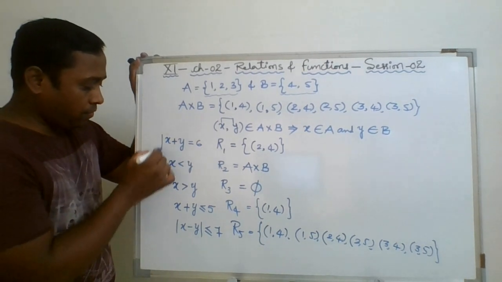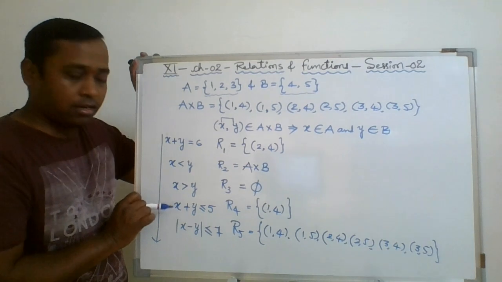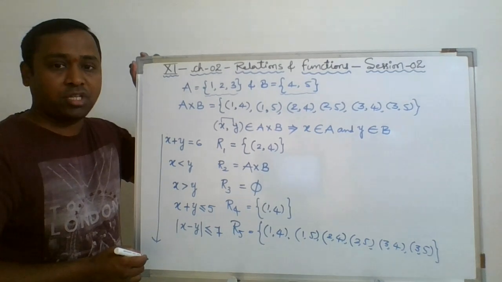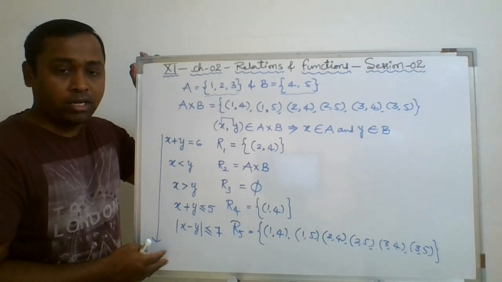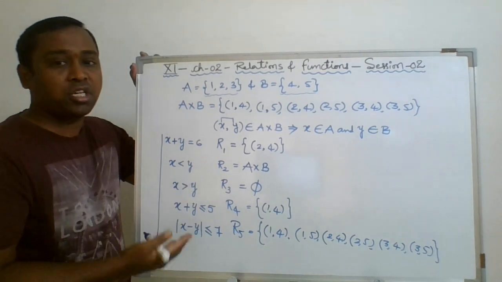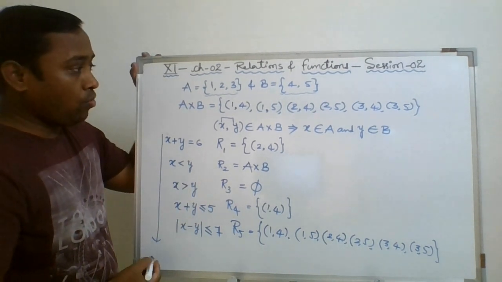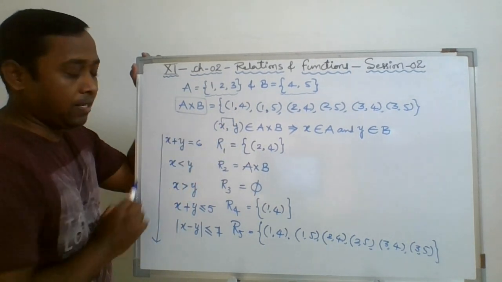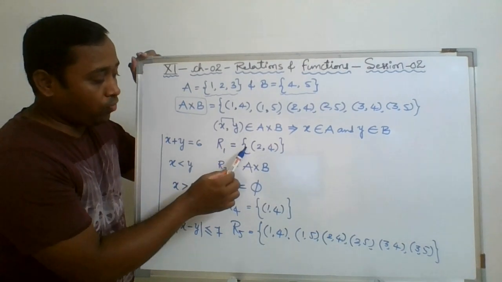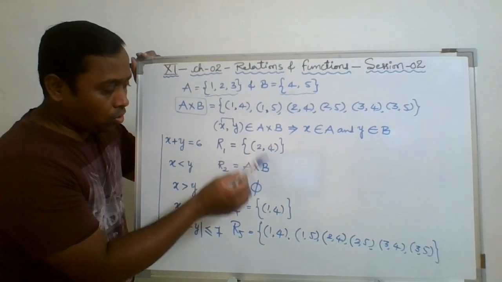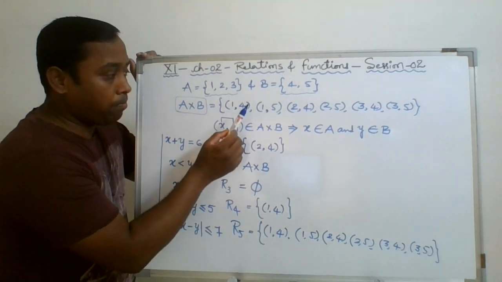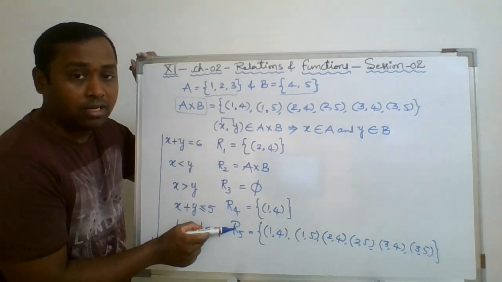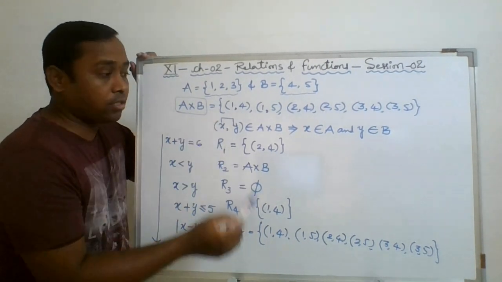So if you observe here, in this manner, how many relations can you make? Sir, you have listed this one. In this way, how many distinct relations can we make? It depends on the number of elements in A cross B. So if you observe, relations 1, 2, 3, 4 and 5, all these sets are parts of A cross B. Hence I can say every relation is a part of the Cartesian product.